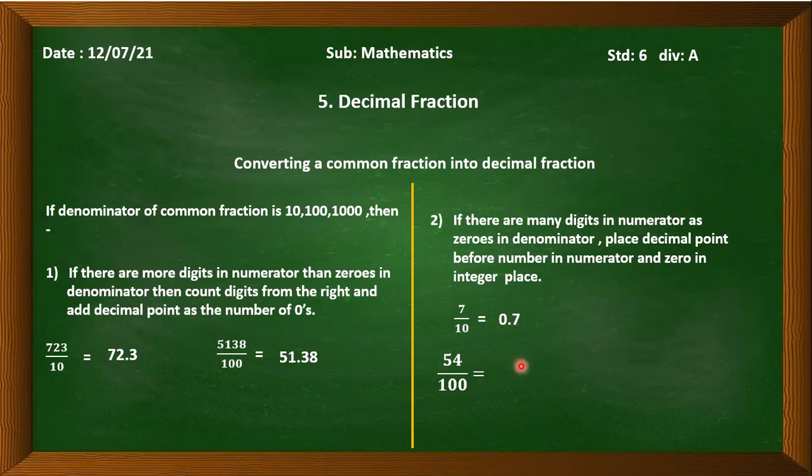And before that number, we will put a decimal point, right? So the answer becomes 0.54. We added a 0 in the integer place and the decimal point before the two digits. So your answer is 0.54.